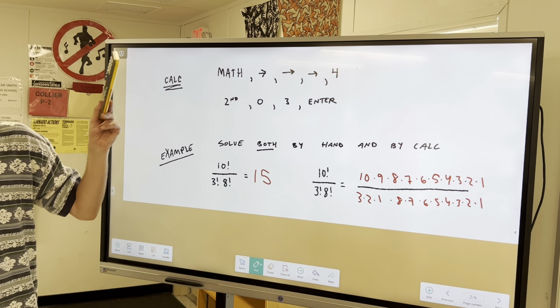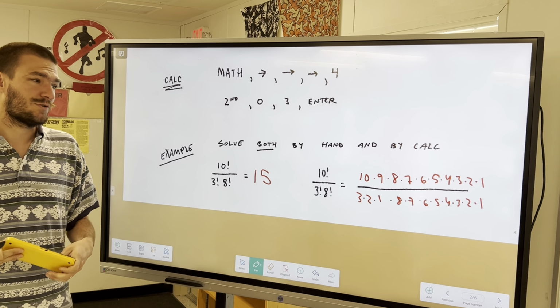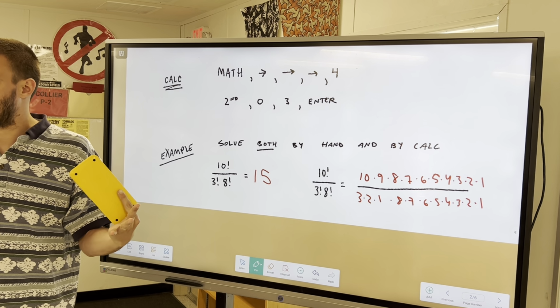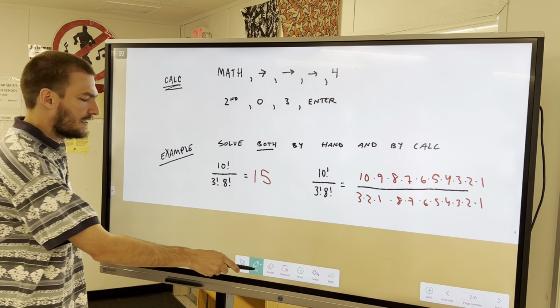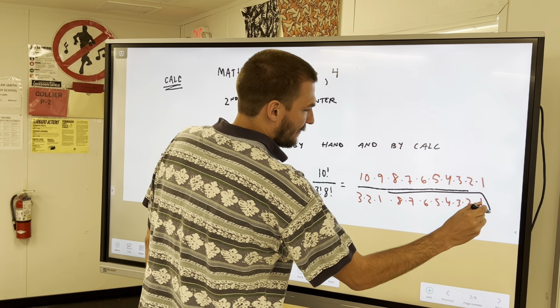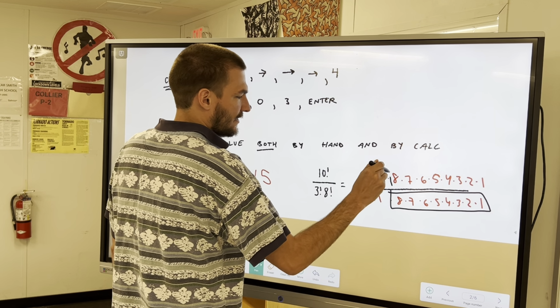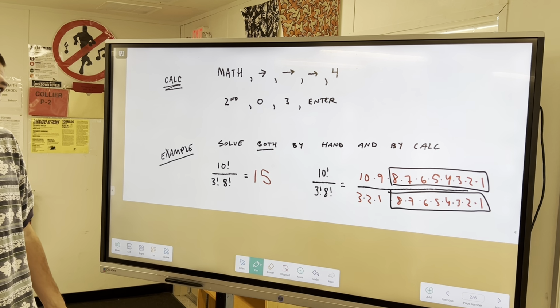And like we said up there, factorial math is very repetitive. When you divide factorials, huge sections are going to be repetitive and are going to cancel out. Here is 8 factorial, and here is 8 factorial built into the 10 factorial.